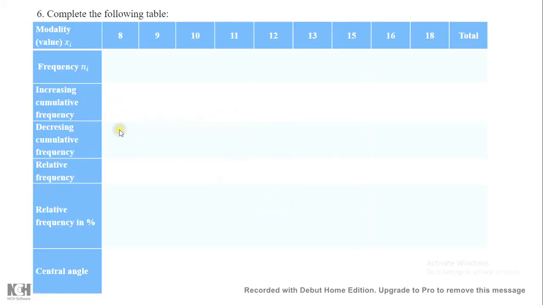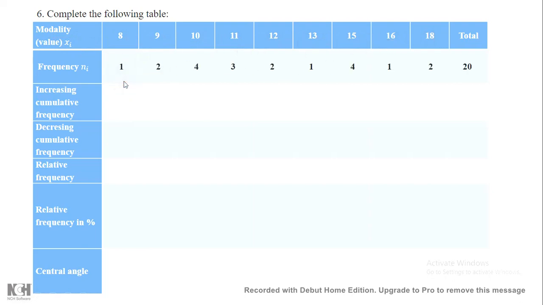Complete the following table. The table is a good tool that helps us study any aspect or value in an easier way. The modalities or values are 8, 9, 10, 11, 12, 13, 15, 16, 18, which are the grades of the students of this class.